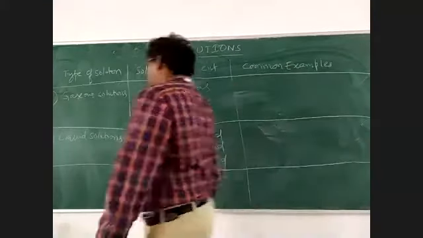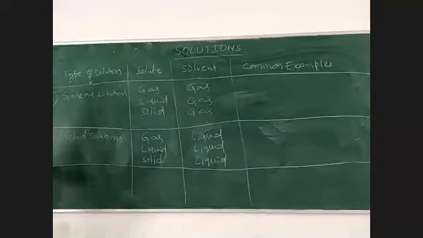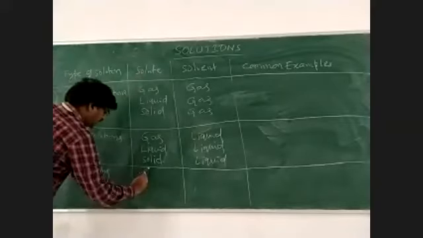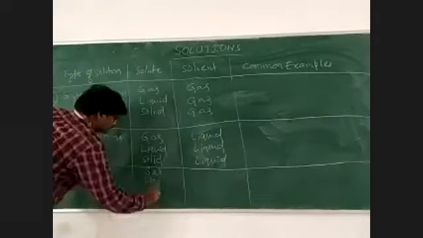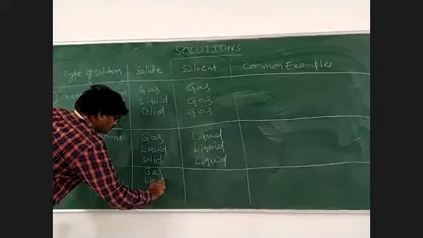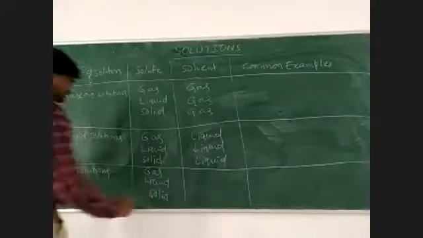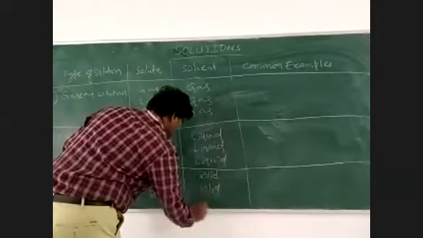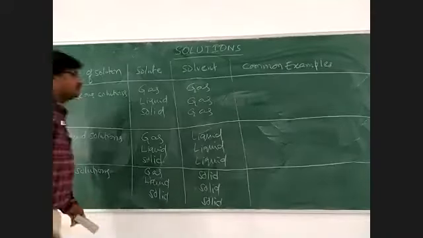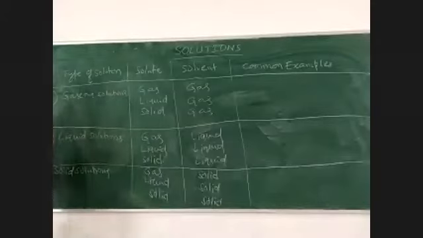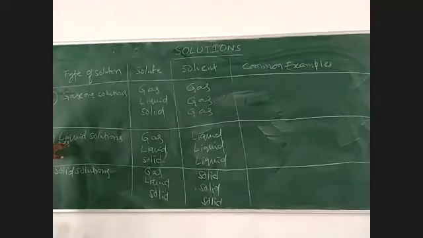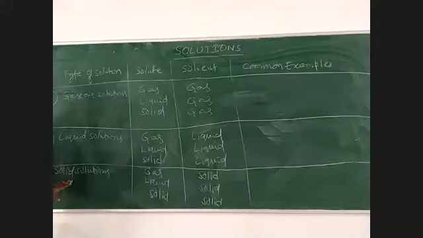Next one, solid solutions. Again into 3 physical states as solute: gas, liquid, solid. Here the solvent is solid, solid, solid. Therefore, these are the 9 types of solutions, further divided into gaseous solutions, liquid solutions, solid solutions.